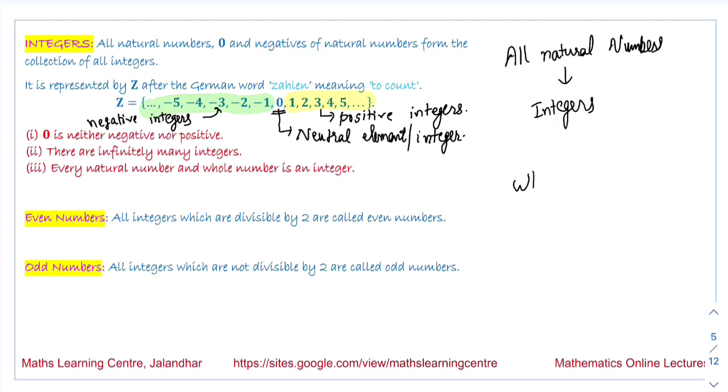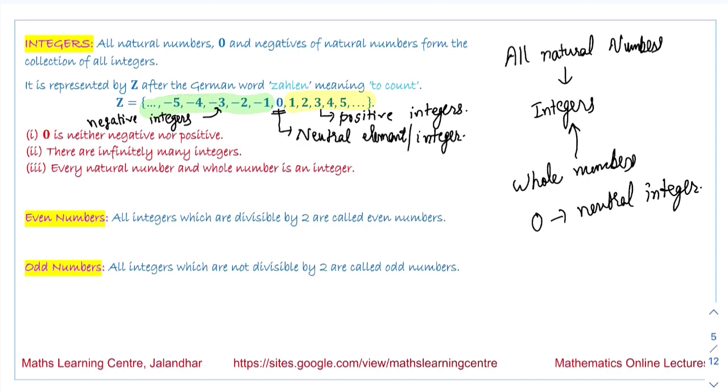All whole numbers are integers. 0 is the neutral integer. It is neither positive nor negative.